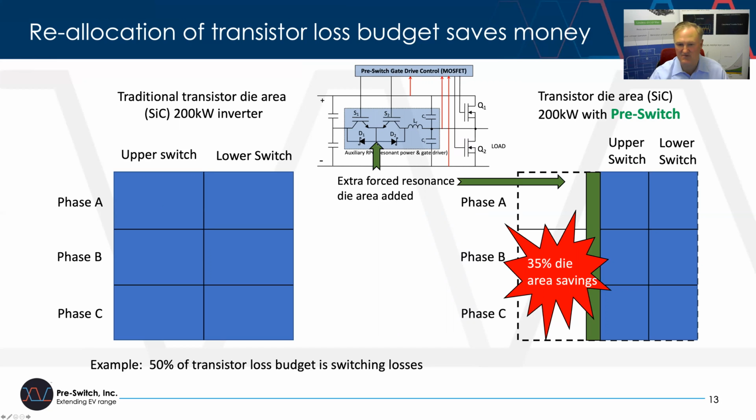And if you account for the small transistors and diodes that we need for the soft switching ARCP topology, there's still a substantial die savings that can be had by the designer. And this directly translates to a lower cost inverter. This calculation is made with 50% of the losses within the transistor coming from switching losses, by the way, on a 200 kilowatt inverter.